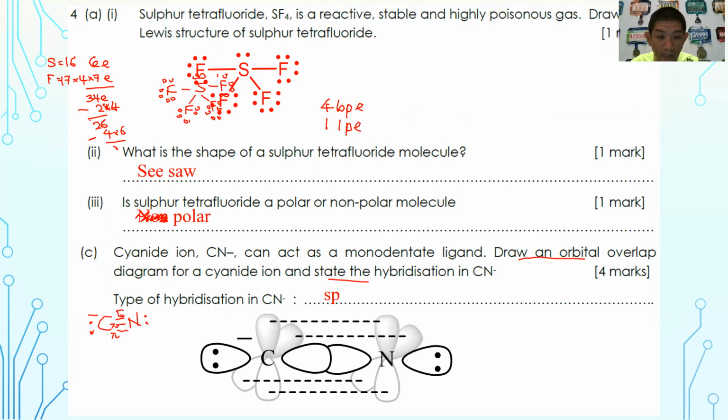I will also advise you all to label the type of bond. Label this as pi bond and label this as sigma bond. You might also want to describe the angle, because this is very hard to estimate where the marks are located.